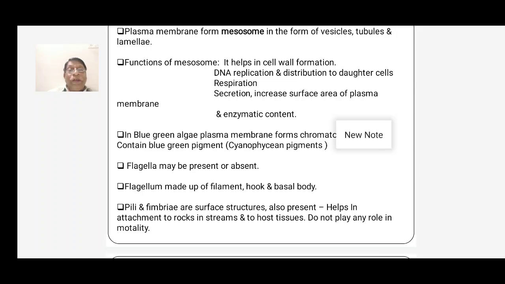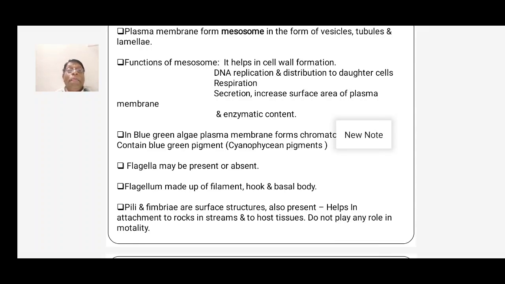It helps in respiration, secretion, and increased surface area of plasma membrane, and enzyme content.